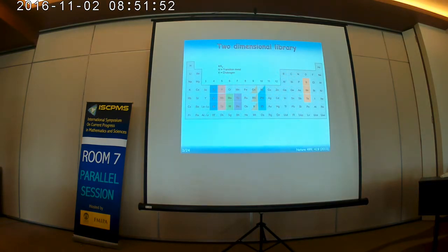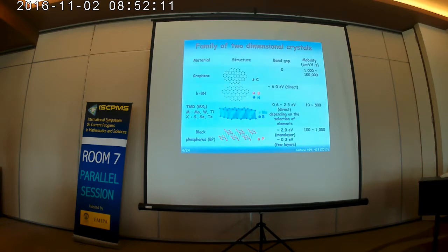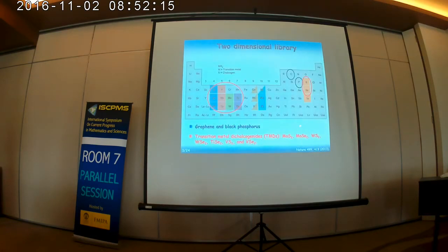We study the optical properties of graphene, and also we extend the measurement to black phosphorus, as well as the transition metal dichalcogenide materials, such as molybdenum disulfide, molybdenum diselenide, tungsten disulfide, tungsten diselenide, and so on.